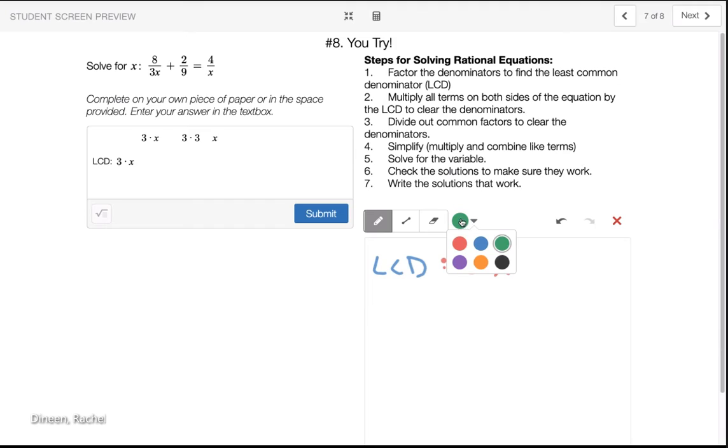Let's look at the second denominator, 3. Is this 3 already listed? Yes, so I'm not going to include that one. Is there a second 3 already listed? No, so I have to include that second 3. Now looking at the third denominator, is there already an x listed? Yes, so I do not include the x. So my LCD is 9x.